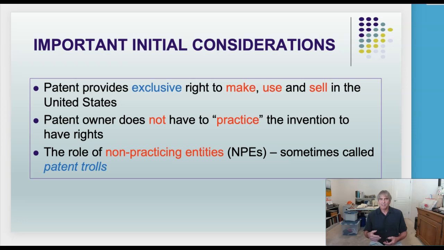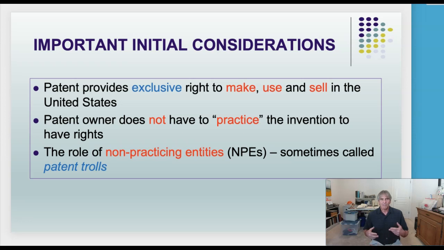But there's nothing that says that the patent holder actually must do any of these things to get the patent or keep it. Thus, a patent owner can be totally passive without ever making or selling the product and still maintain rights over the invention. In legal circles, we often say that a patent holder does not have to practice the invention to maintain rights over it.